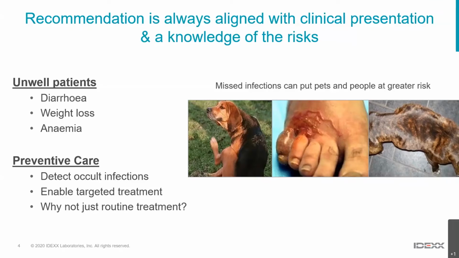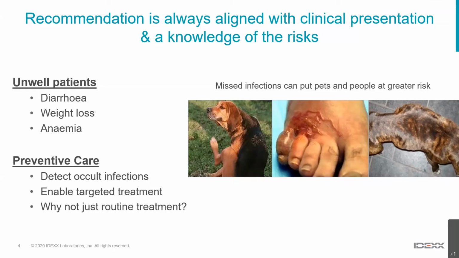I've certainly seen patients over the years that have had significant anemias to the point of requiring blood transfusions that ended up having whipworm burdens, and that was what was causing the anemia, especially in younger animals. So don't forget about fecal parasitology in that setting.